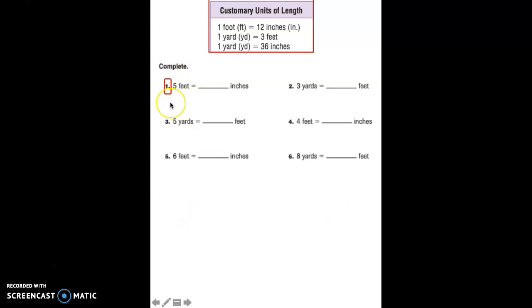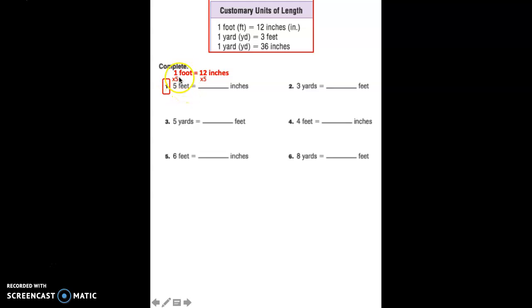Let's try number 1. 5 feet equals blank inches. Now I know 1 foot equals 12 inches. I know if I multiply 1 times 5, it will give me 5.